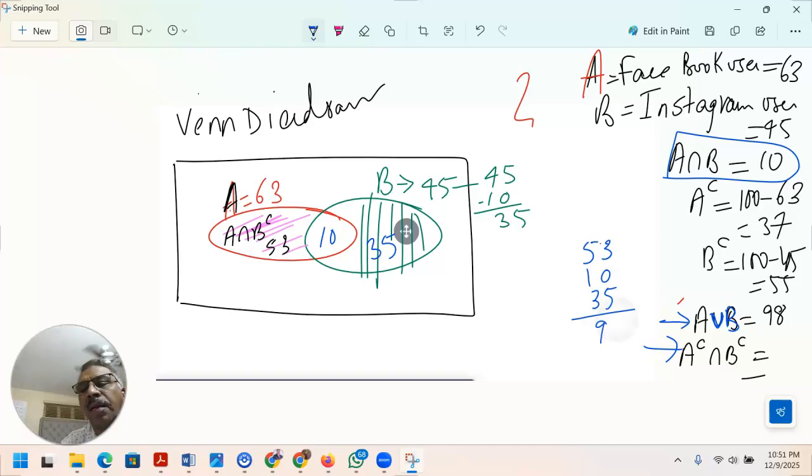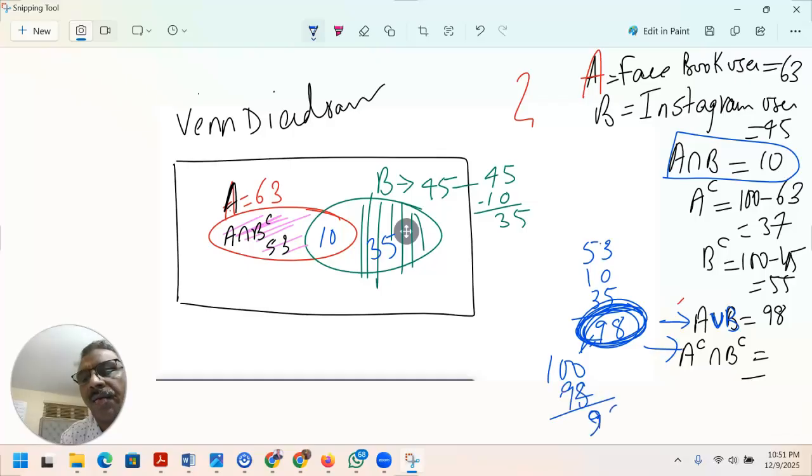Then altogether 98 students use either Facebook or Instagram or both. So out of 100, if you take away 98, you get left with two. So the two students are outside the two ellipses, who don't use Facebook and also don't use Instagram.